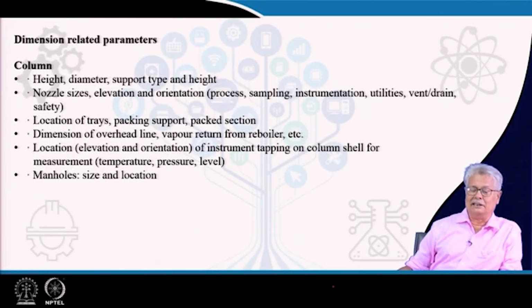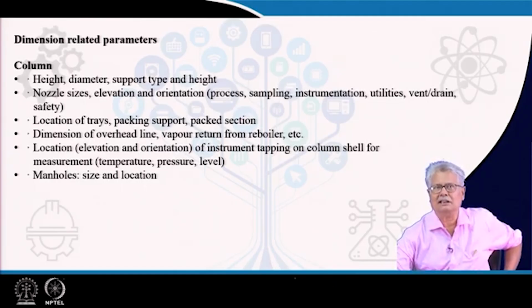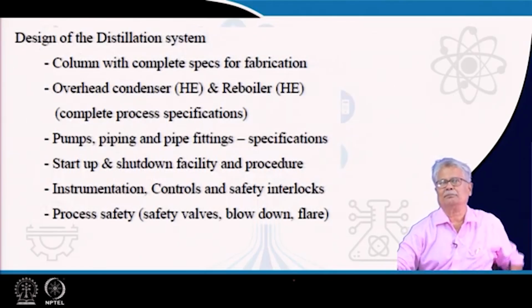So, quite naturally these are all dimensional parameters which are listed here, which are height, diameter, location of trays, location of instrument nozzles and all. And definitely you have to have some idea about the safety aspects also, which will be detailed slightly after this, immediately after in fact.